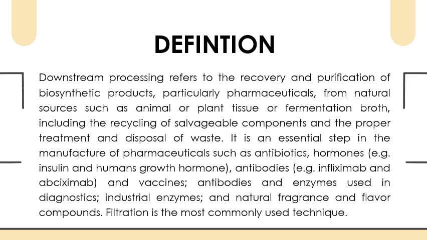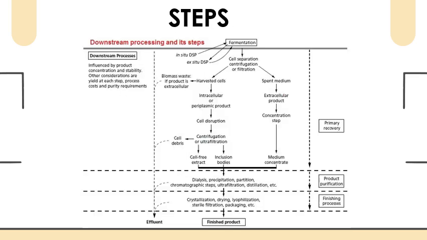So let's take a look at this fermentation process. As you can see, after we are done with the fermentation, we are going to have either in situ or ex situ, meaning that we are going to have either intracellular or extracellular products.